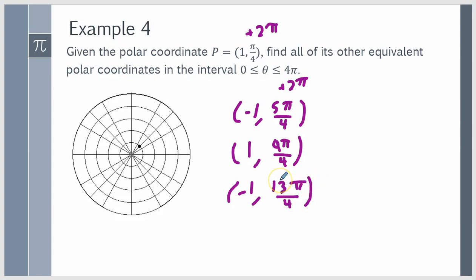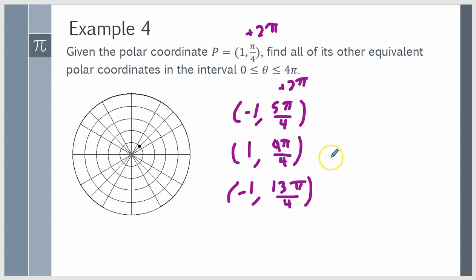And if you look at the decimal value of 13 divided by 4, this is still between 0 and 4 pi. 13 divided by 4 is still less than 4. So that one is also another equivalent way of writing this point, 1 comma pi over 4, and it is still within our requested domain of 0 to 4 pi values.